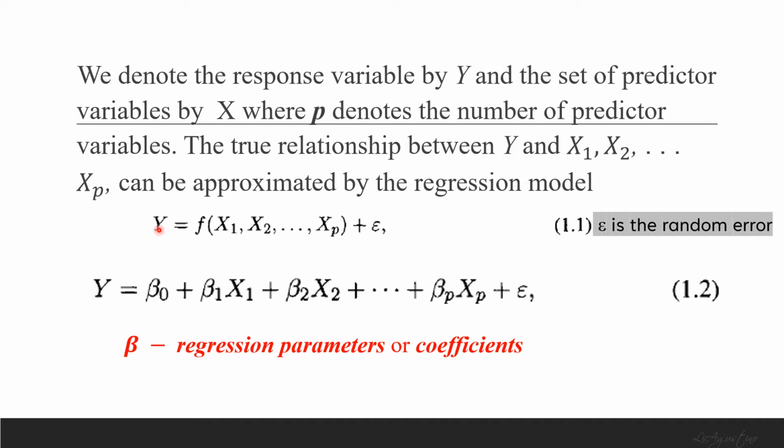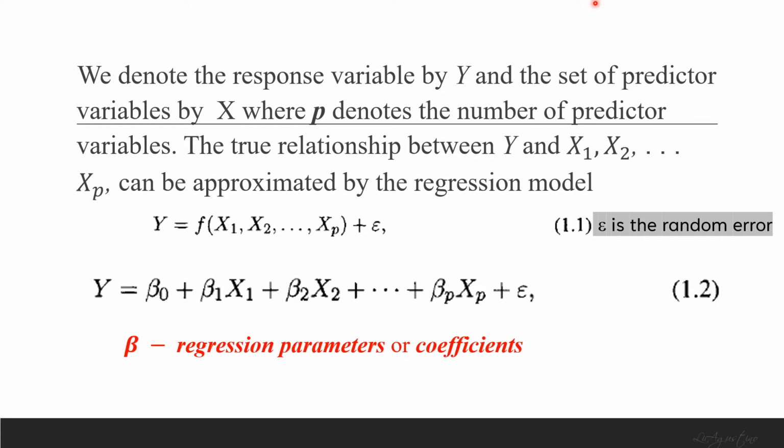It is y equals a function of x1, x2 until xp plus epsilon. What is epsilon? Epsilon is what we call the random error, assumed to be a random error representing the discrepancy in the approximation. We can call this random error the error term in our regression equation.